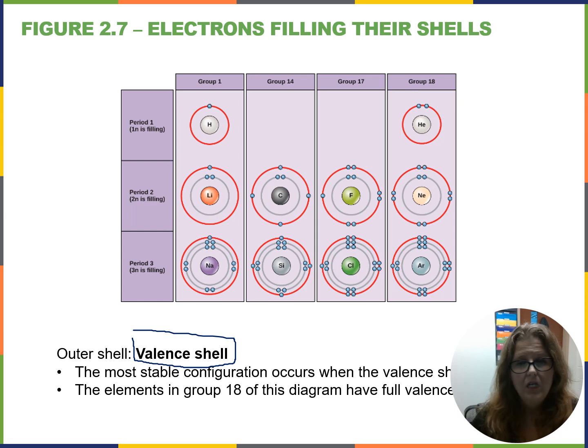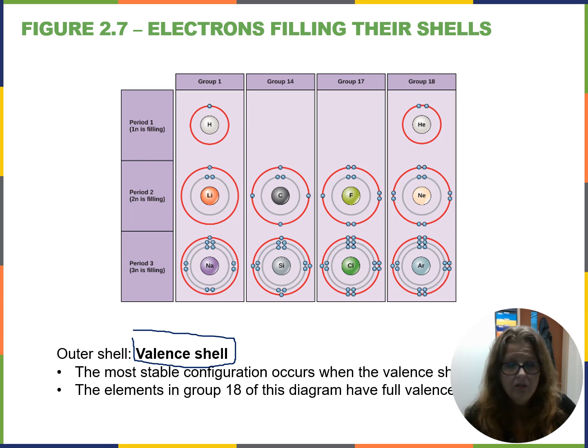So if it has any vacancies in that shell, it's going to react to try to fill it, whether it's going to share electrons or donate or receive electrons. We'll get into that in a moment, but what they want to do is have a full outer shell.